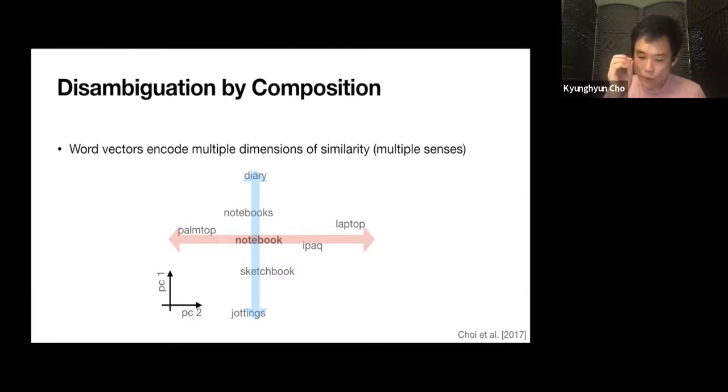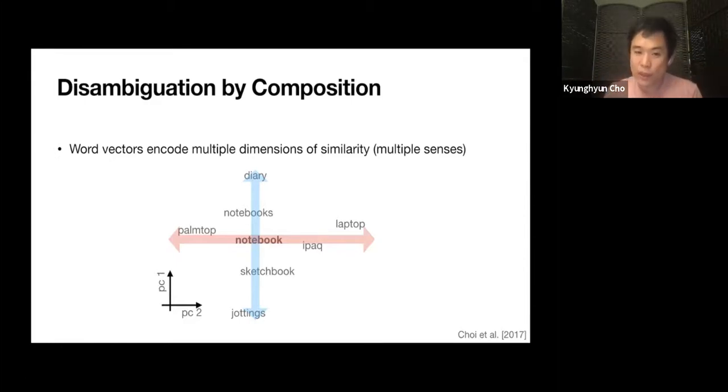When you think about notebook, depending on which context you are in, that is, what you were thinking earlier or what kind of sentence you heard the word notebook in, you may think of one of at least two different senses. The first sense would correspond to notebook as in something that you write on, such as a diary or sketchbook. On the other hand, the second sense is the notebook as an electronic device.